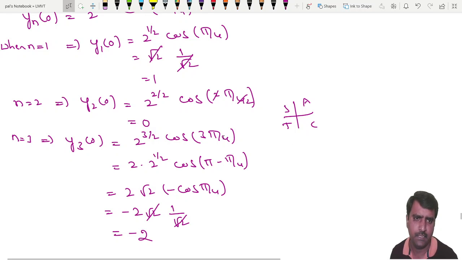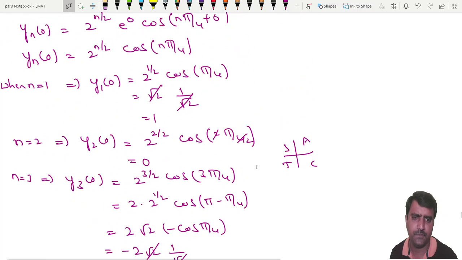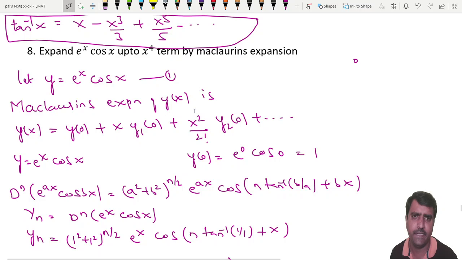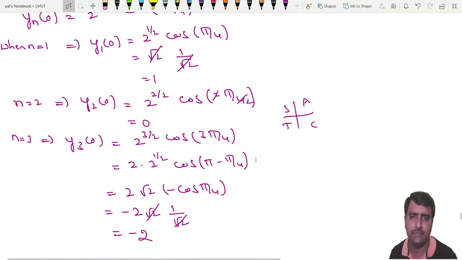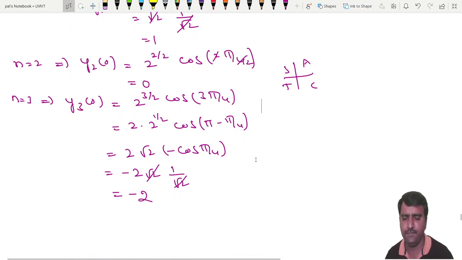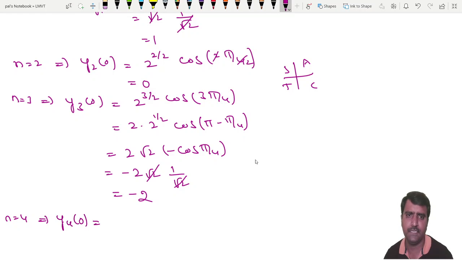Similarly, you try to find y4 of 0. Actually, how many terms do we need to find? X to the power 4. So we need to find y4 of 0, it's enough. So when n is equal to 4, y4 of 0 is equal to 2 to the power 4 by 2 into cos of 4 into pi by 4. 4 cancels.